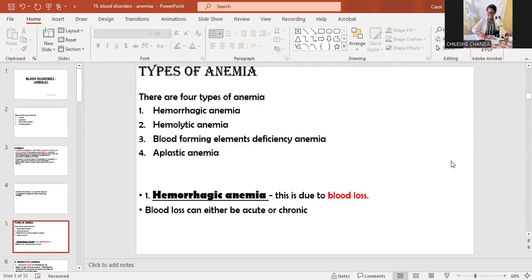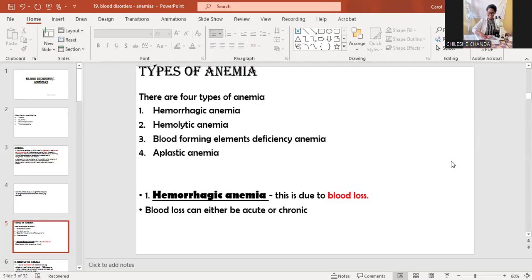Now, all the blood cells are supposed to be within a particular range, a particular number, and red blood cells are supposed to mature to a certain stage where they should die. Now, the life cycle of red blood cells is supposed to be 120 days.